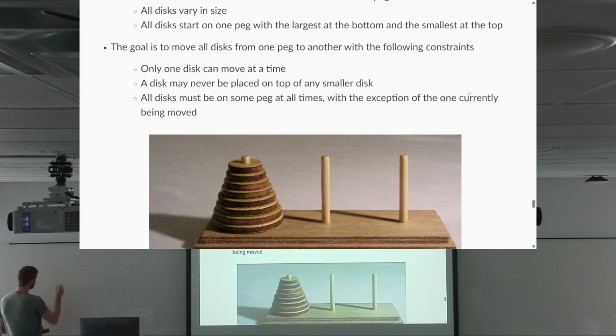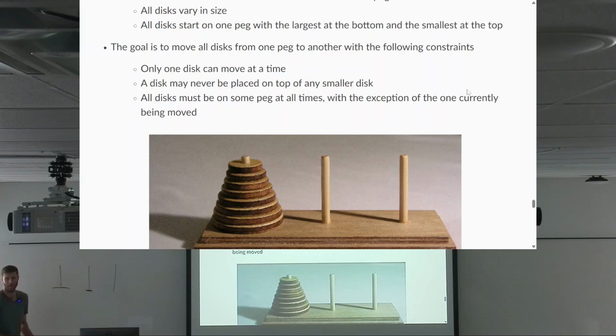So just to do a simple little example, let's say I've got 2 discs, and I want to move them to here. Can you see that reasonably well? Well, how do I do that? That's easy. You just take this one off, put it there. We'll call this the temporary disk.